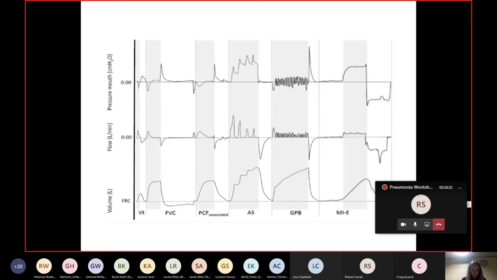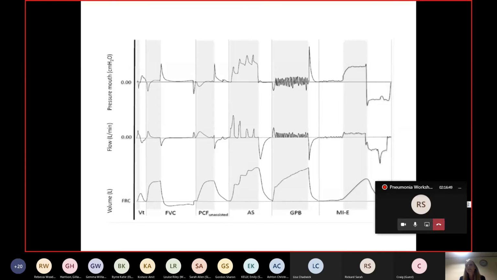Moving along, you've got forced vital capacity, and then we've got peak cough flow, which is unassisted. You've got your breath stacking there, which is down as AS, so you can see as they've stacked the breath, they've taken a small breath and then stacked more breaths on top till they've got to their maximum volume, and then there's the breath out.